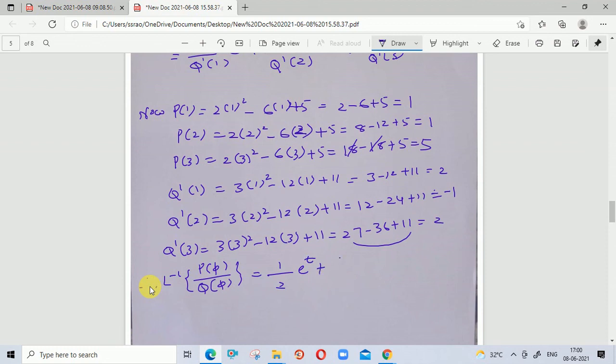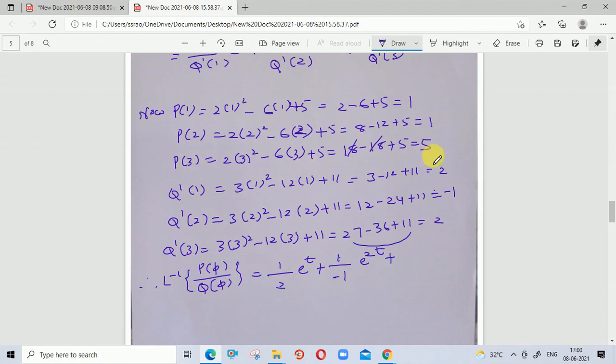Next, P of 3 is 5, Q dash of 3 is 2, so 5 by 2 into e power 3t.